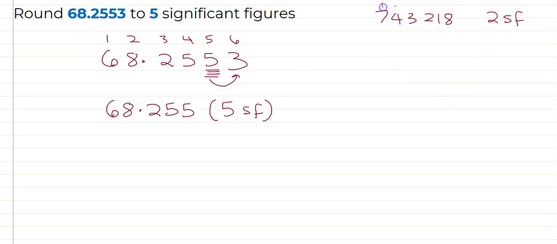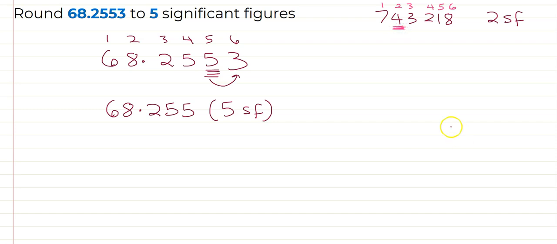We have 1, 2, 3, 4, 5, 6. We have 6 significant figures in the original number given. And we want to round to 2 significant figures. So I am going to look at this. This is the position that we'll consider our last digit.